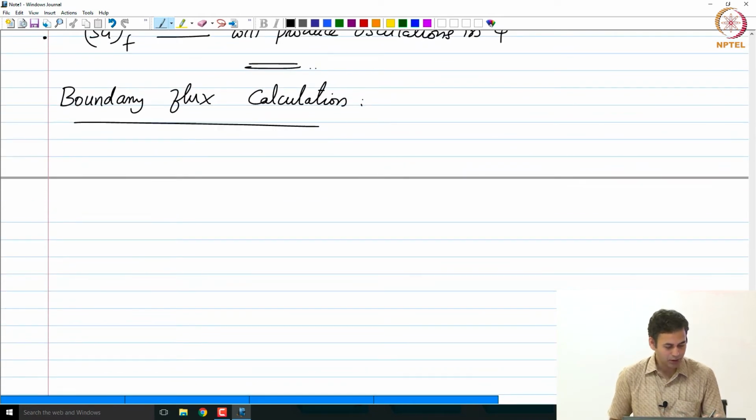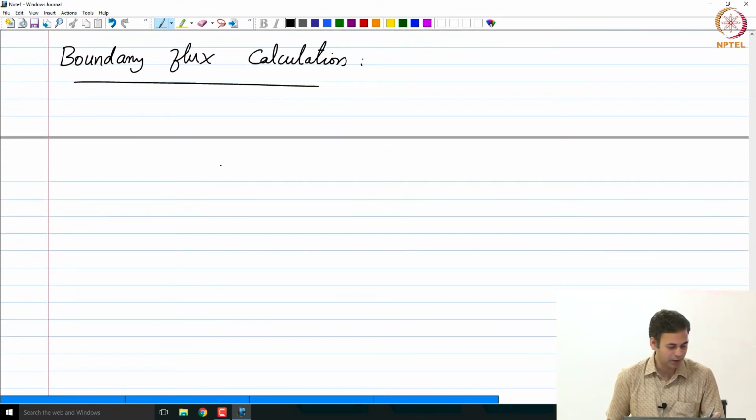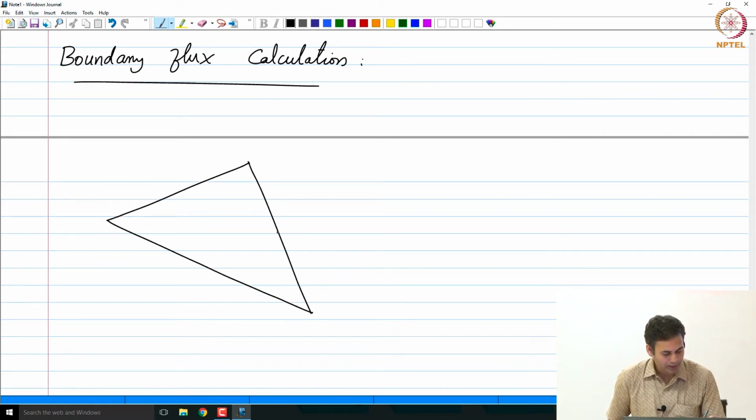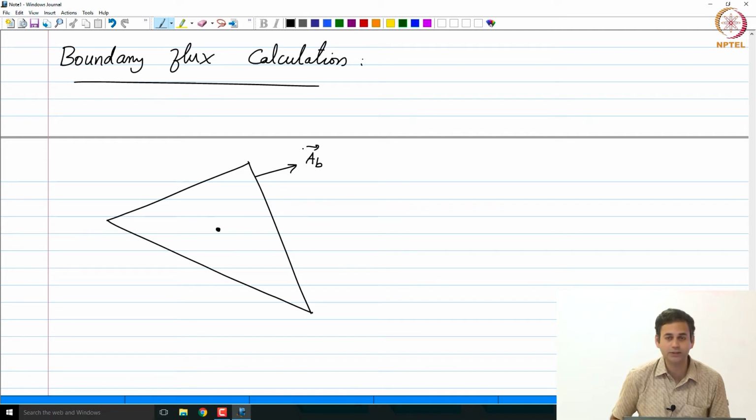So, I would draw here again a particular typical cell. This is my cell centroid. The area vector is here, we call it A B bar, which is pointing outwards from the cell, and this is our C0 cell. The face centroid is somewhere here.